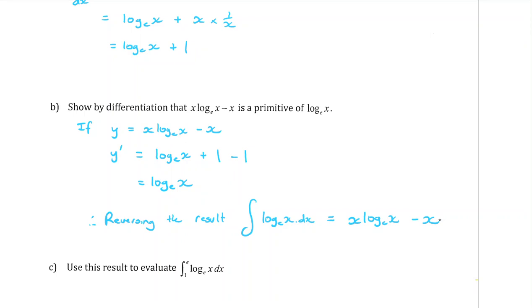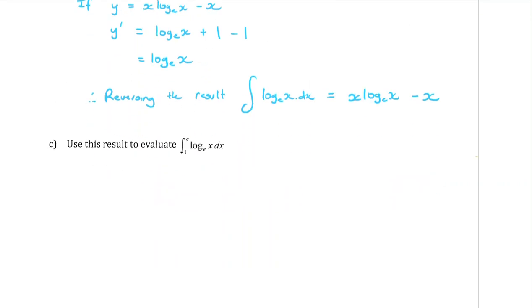Okay. Part C, use this result. Use that to evaluate the integral between 1 and e of log e of x. Now, if you were sitting in a test and we hadn't done A and B and it just said to integrate this, you would be in all sorts of problems. We don't know how to integrate the log, okay?